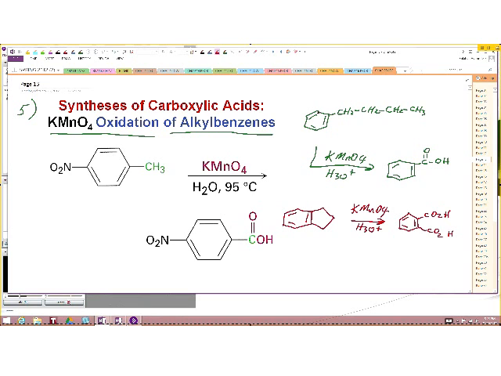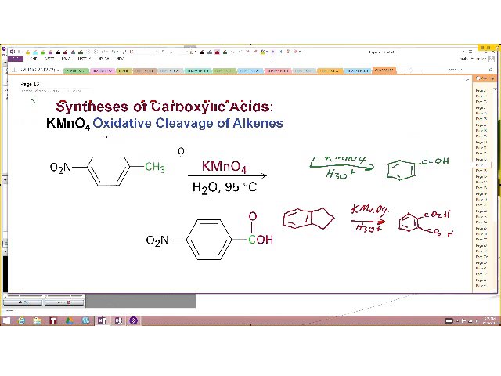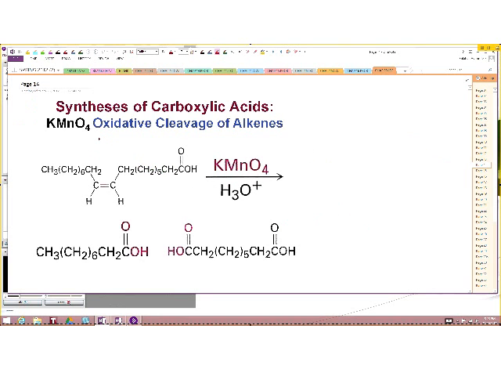Now, method number 6, everybody got this? Okay, method number 6, still under synthesis of carboxylic acid. We've done this also before, so this should be review for all of you. This is potassium permanganate oxidative cleavage of a carbon-carbon double bond.